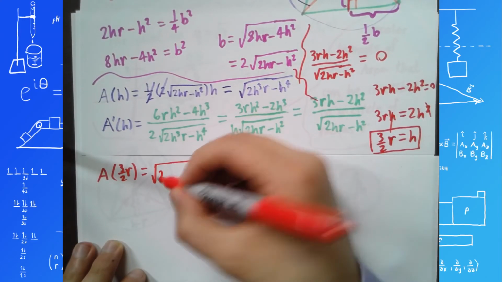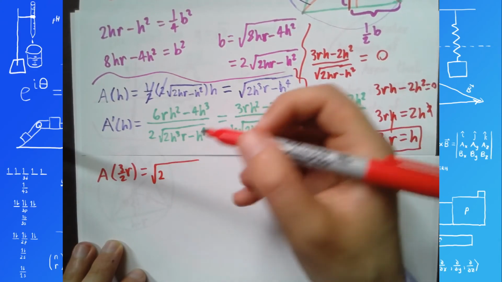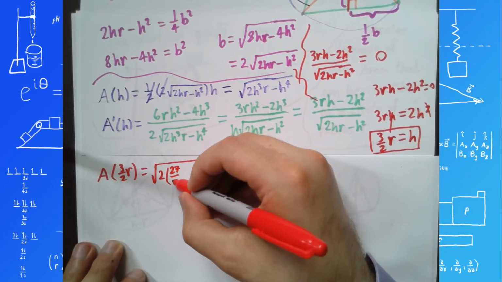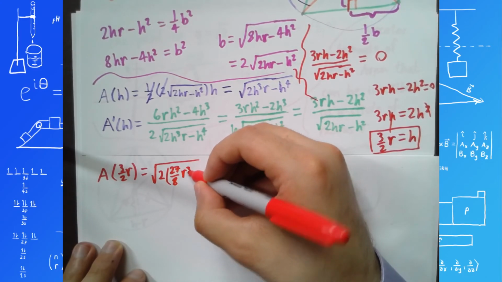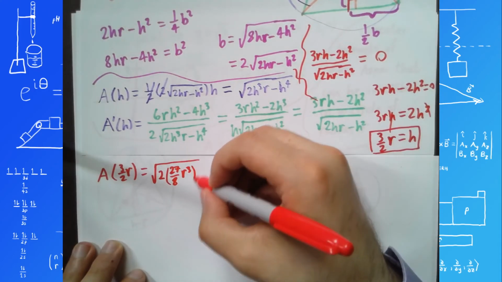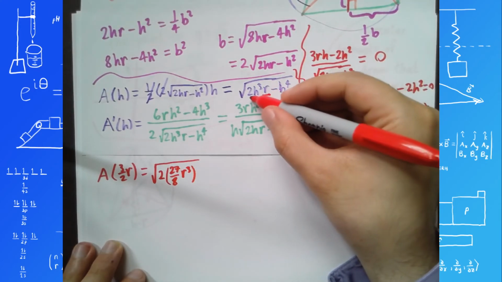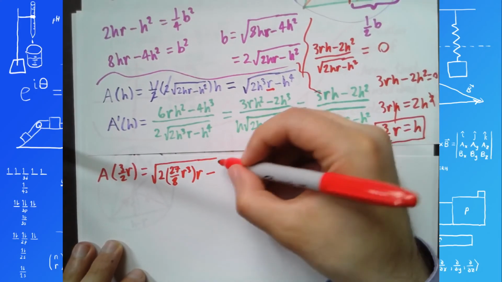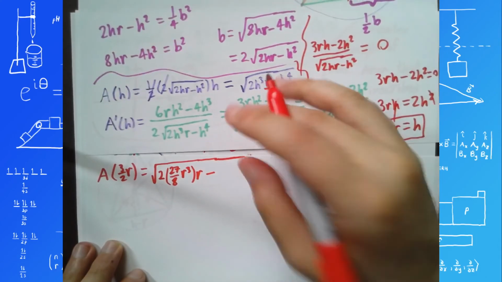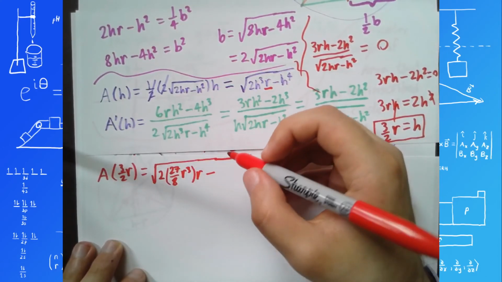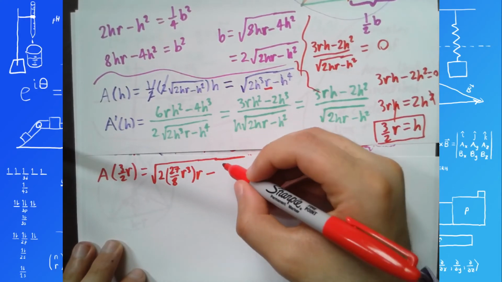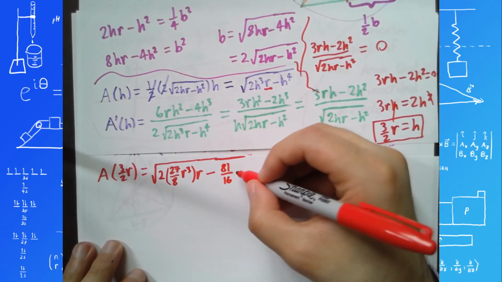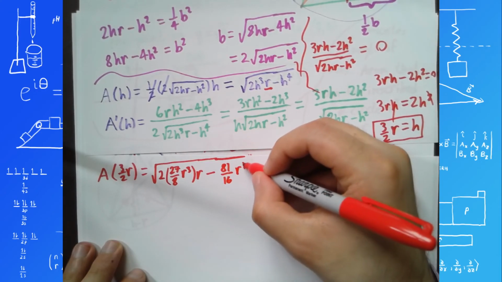It's going to be 2 times h cubed, so 3/2 cubed, that's going to be 27 over 8 r cubed times r, so there's that, minus h to the 4th, so minus 3/2 r all to the 4th. 3 to the 4th is 81, over 2 to the 4th is 16, and then r to the 4th is just r to the 4th.